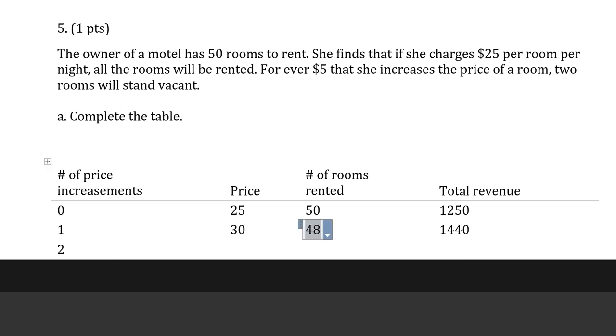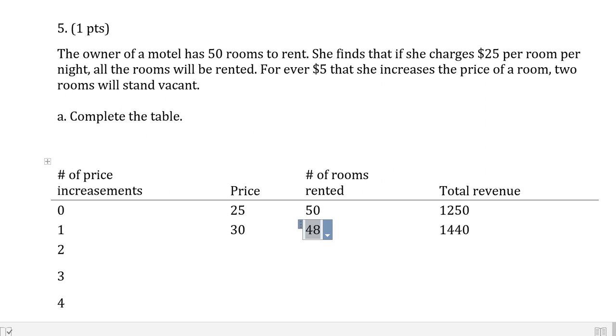Okay, same thing if we have one price increase, the price would be $30. The number of rooms rented is 48 because that would decrease by 2. And then if you multiply those together, we get 1440. And so to continue filling in the table, if we had 2 price increases, the price of the room would be $35.